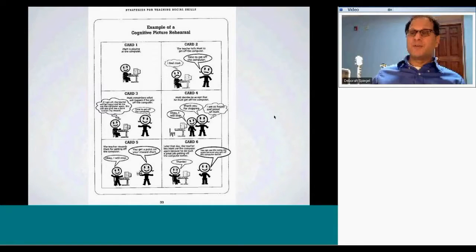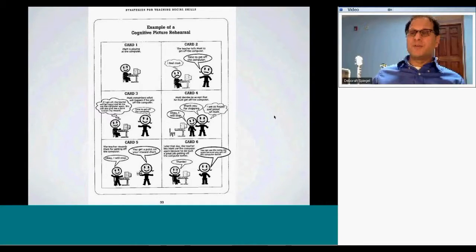So the antecedent to the problem is that Matt is playing at his computer. The situation and the conflict is that the teacher tells Matt to get off the computer. And then you can see in the thought bubble that Matt feels mad. Then he thinks, which is the target skill, that he thinks to himself, if I wait, if I accept no, I might get my needs met later.